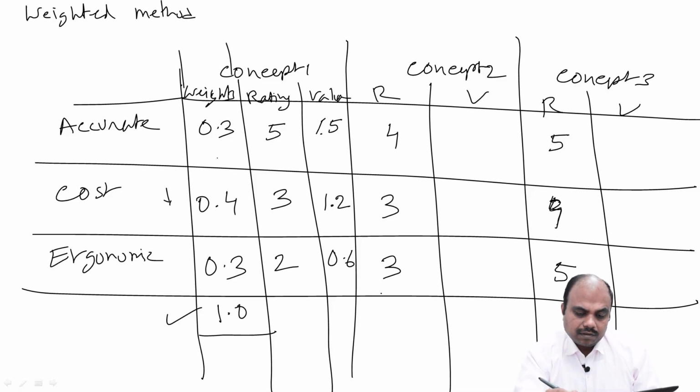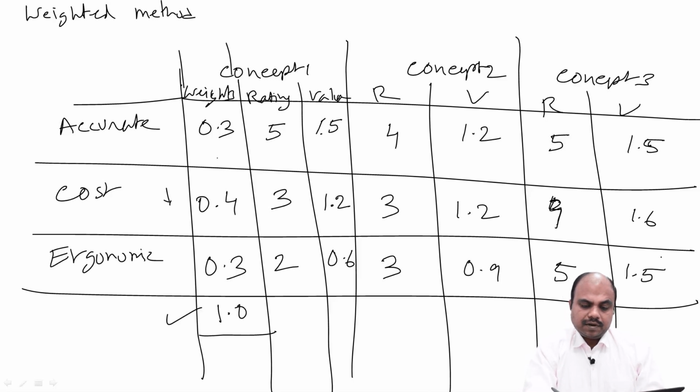Here we will see 1.2, 0.2, 0.9, 1.5, 0.6, and then 0.5. When we add them, we can find out how much it is, and whichever is the highest one we can select, right?